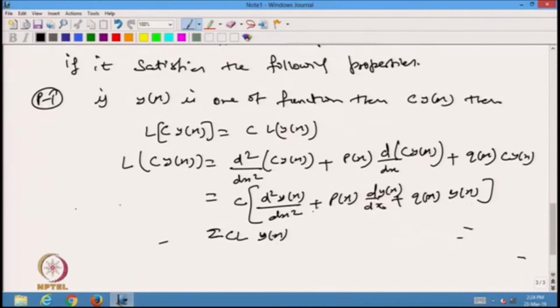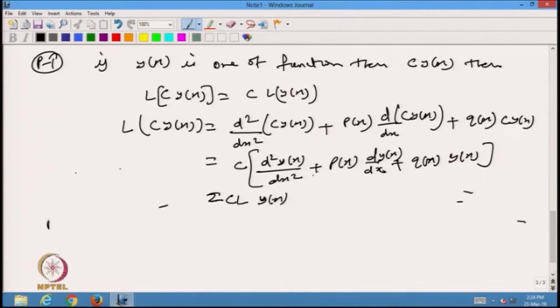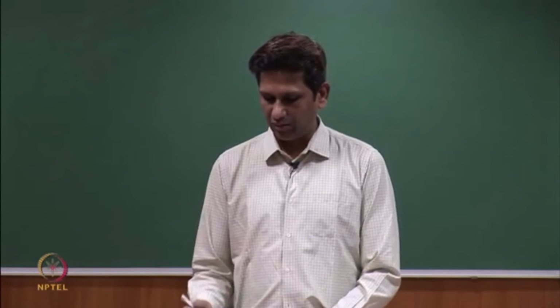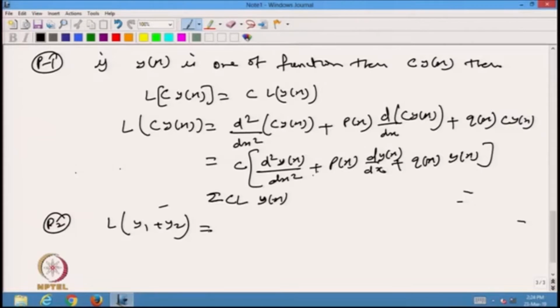Then we define the second property. Property 2 is that L of y1 plus y2, where I have two functions y1 and y2 and operate L on this summation, should be equal to L of y1, operating on x, plus L of y2, operating on x.